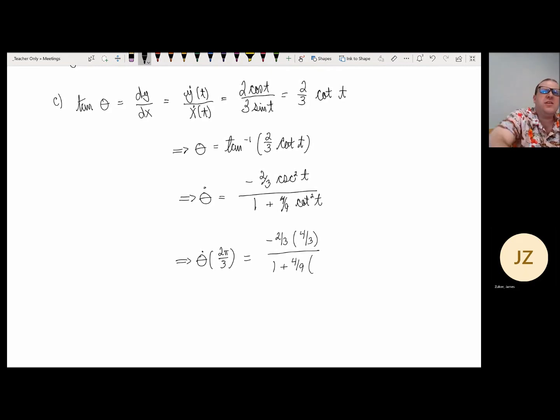Cotangent of 2 pi over 3, and I'm going to square that. Get 1/3.